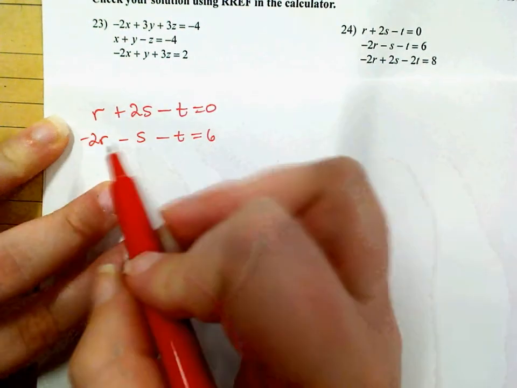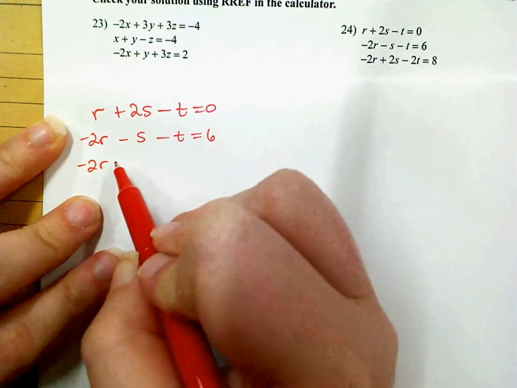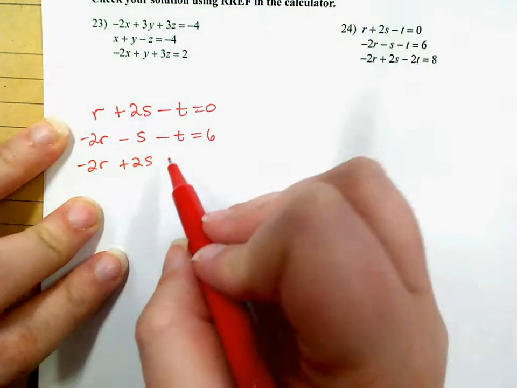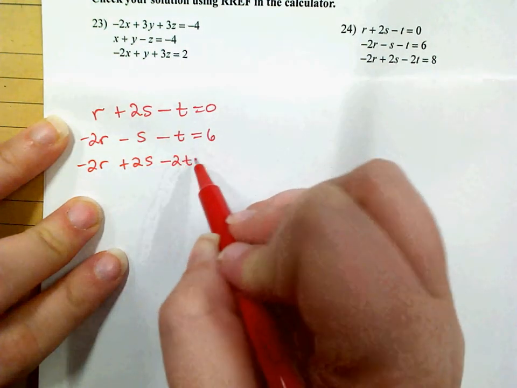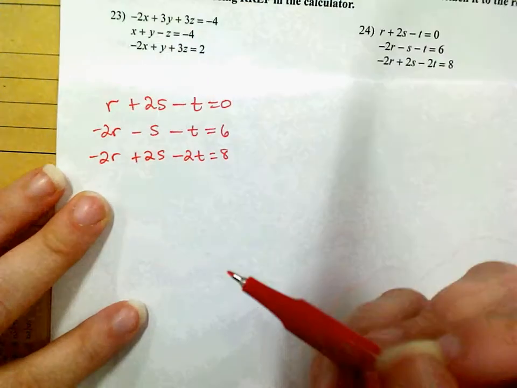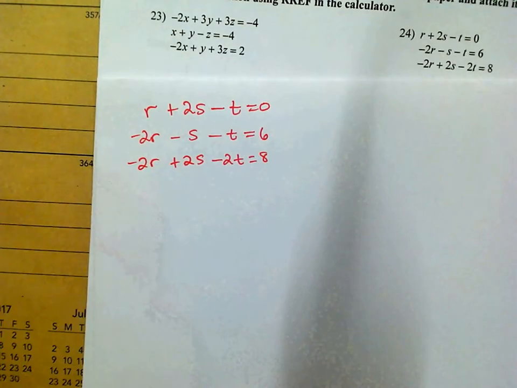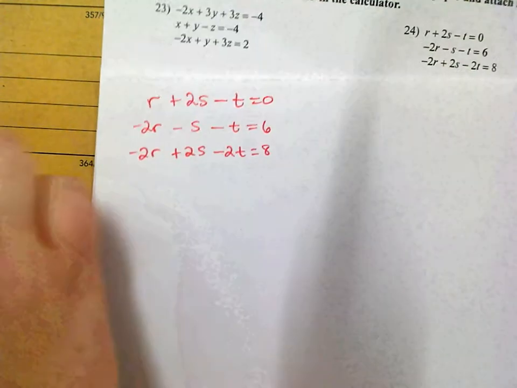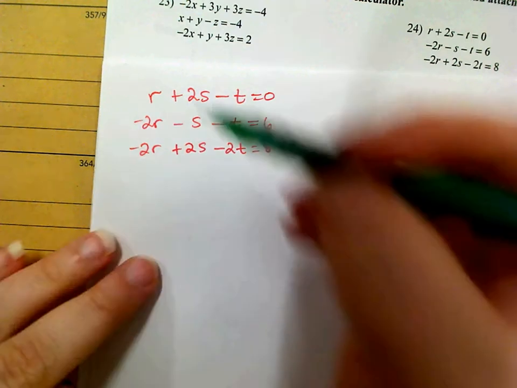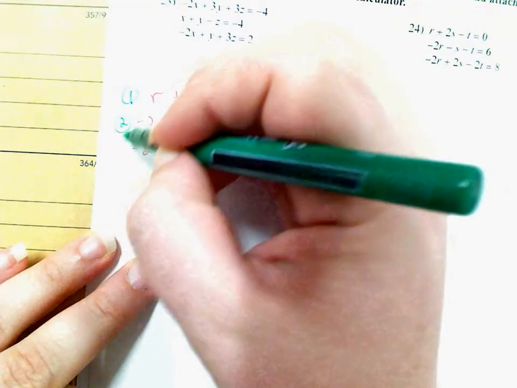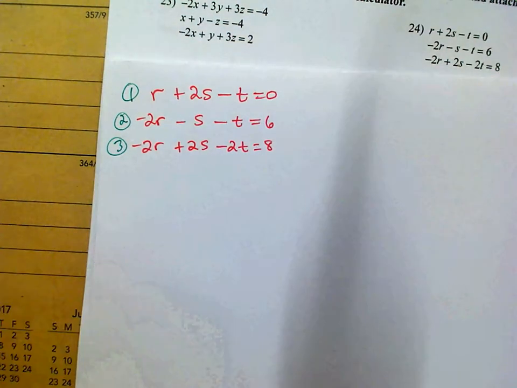Negative 2r plus 2s minus 2t equals 8. So I'm going to number those 1, 2, and 3, and then discuss variables. 1, 2, 3.